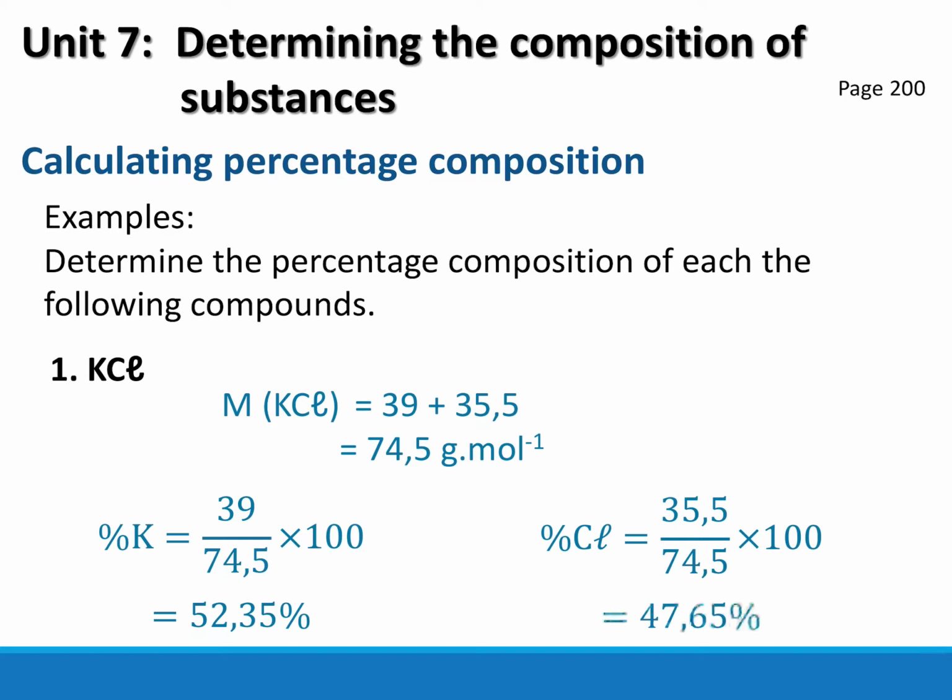That gives us 47.65. Hopefully you realize that if you add those two together, you should get 100. In the last section, we started with the percentage and worked to the formula. Now I'm giving you the formula and I want you to get the percentage.